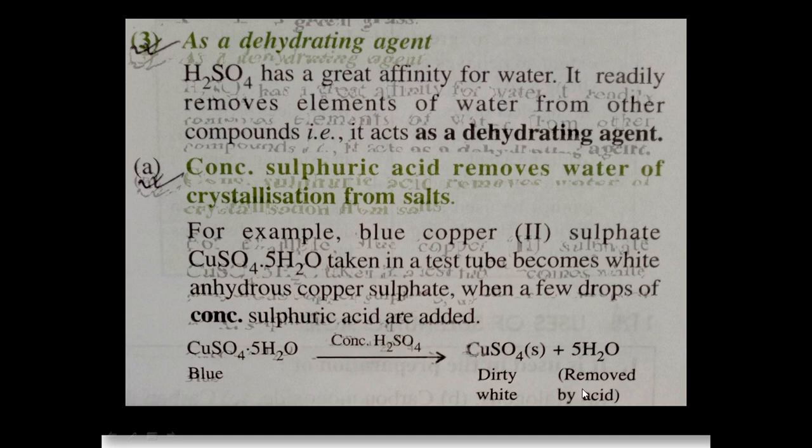The 5 molecules of water present in one molecule of blue vitriol are removed by the acid. So you can see this water is removed because of concentrated sulfuric acid. As a result, concentrated sulfuric acid can be considered a dehydrating agent, and this is the example.